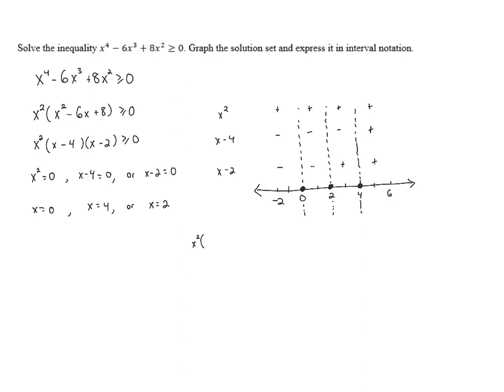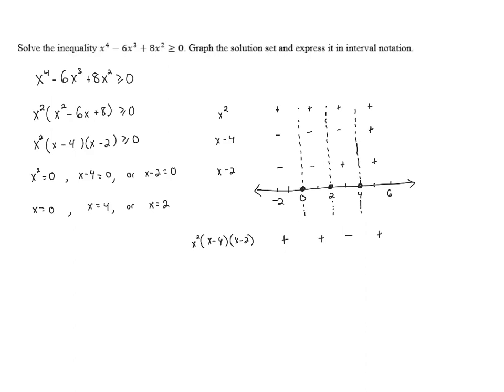So then in the end, our whole expression is going to be, let's see, a positive times a negative is going to be positive. The same is going to be the case here. It'll be positive. Then over here, it'll be negative. And then in the last interval, it's going to be positive.